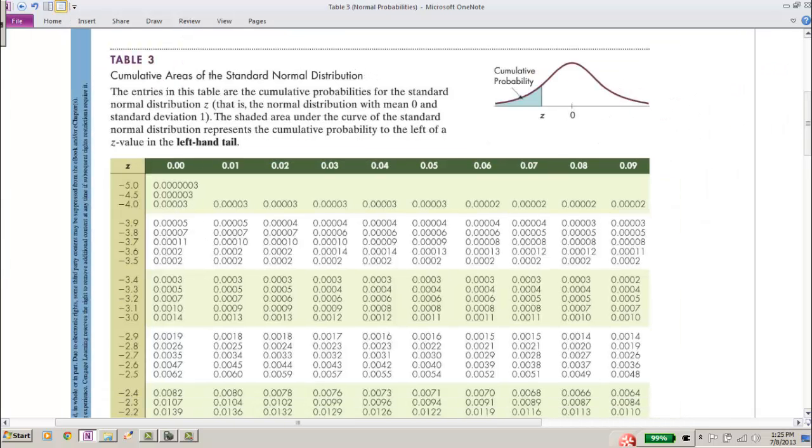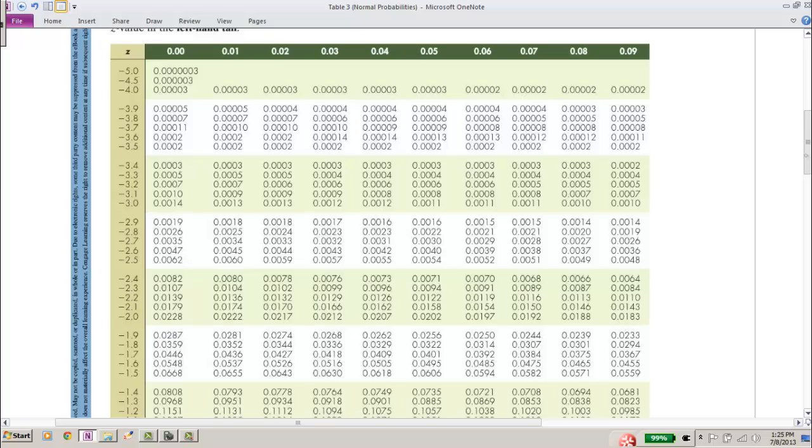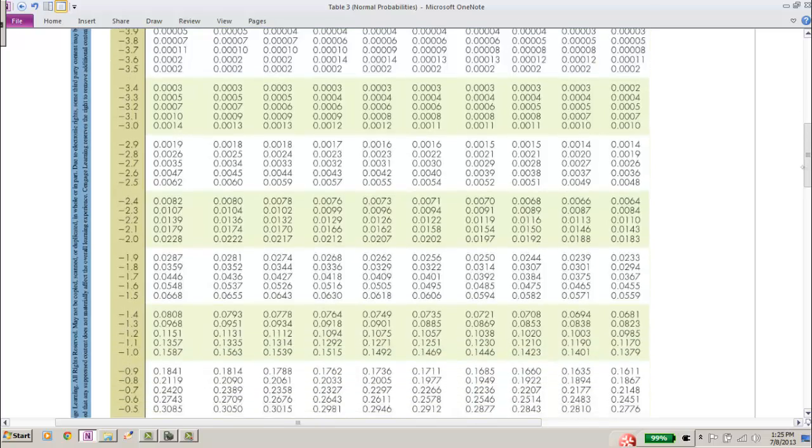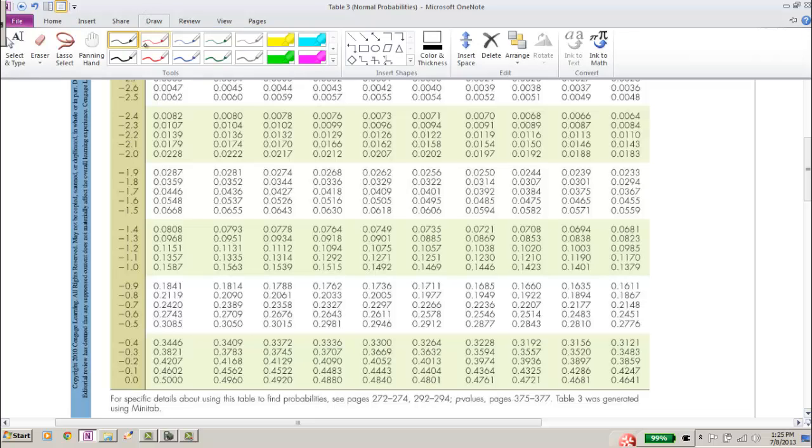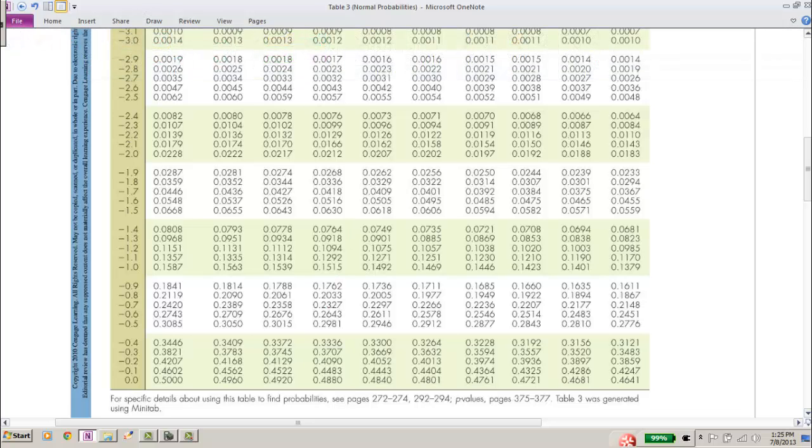All right, so we know that our z-score is negative, right, because it's to the left of the mean. And I want to get as close to 0.33 as I can. And here we have 0.3300, so that's about as perfect as we could hope for.